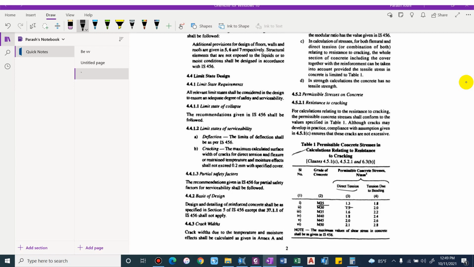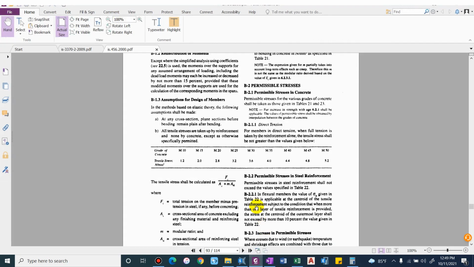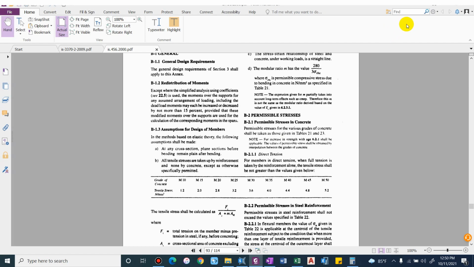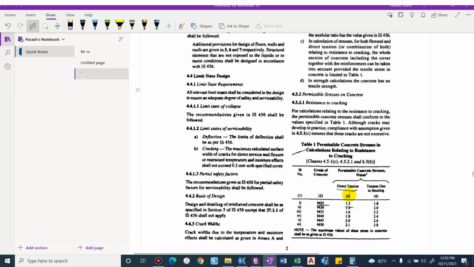As you can see here, 1.3 in IS 3370, and similarly in IS 456 you will get the direct tension permissible stress in concrete for M25 as 3.2. This is without consideration of resistance against cracking. For resistance against cracking it is only 1.3.